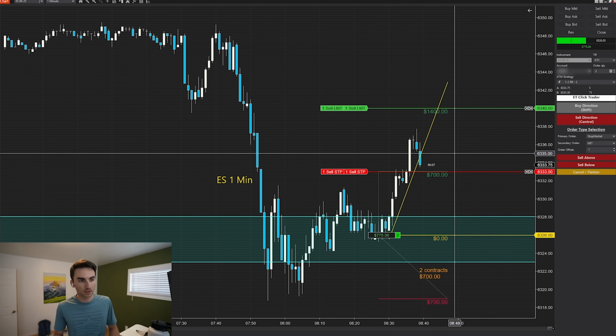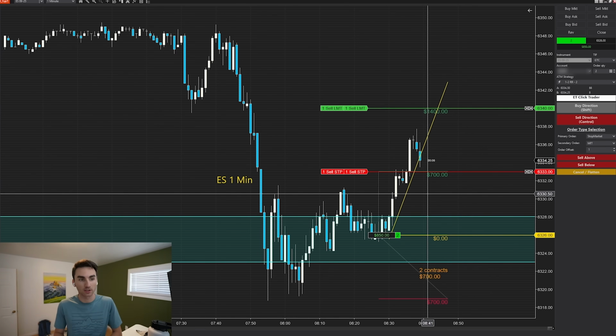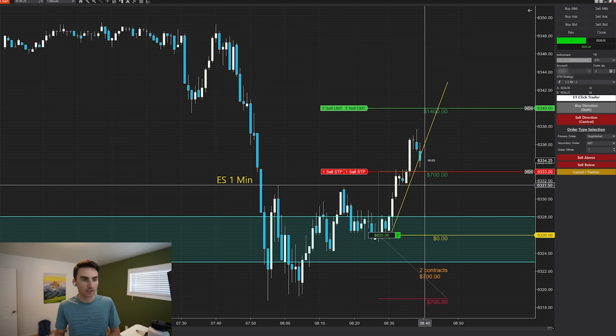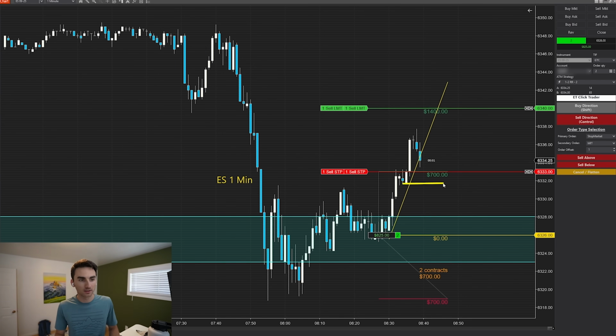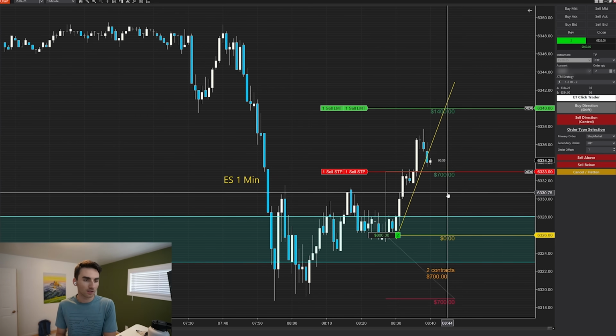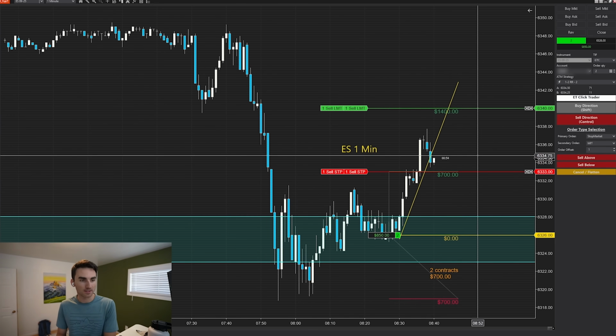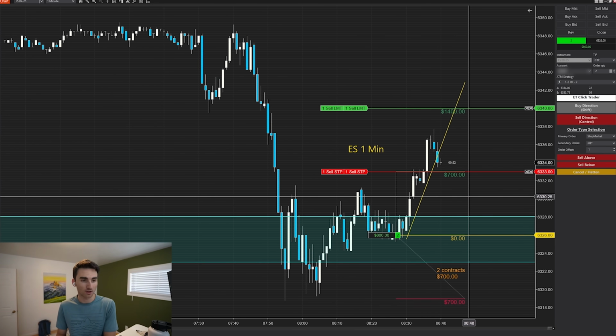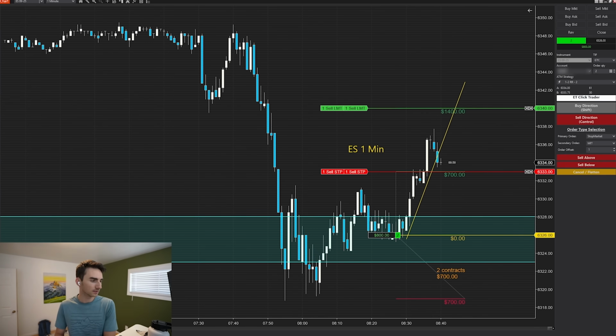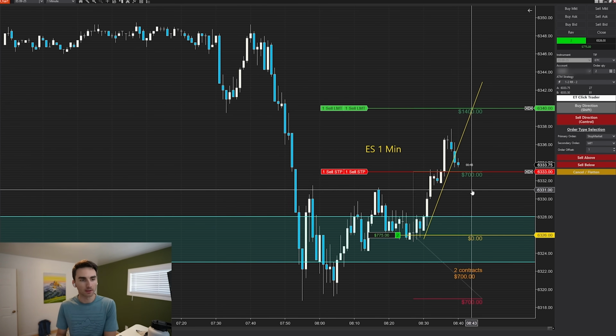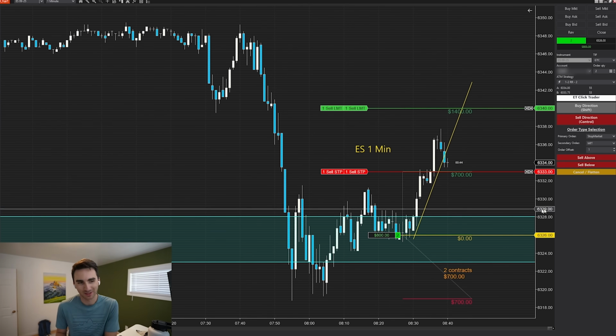And so hopefully it holds this, but again, it looks like it could just have a pullback here. And you know, I could have it down here, but you know what? I'm still happy if I get 1x on a trade. It's a long, which is harder to play. It was half size, so I wasn't really super confident in it to begin with. And so I can be super bummed, but I'll be a little bummed just because it does look good.